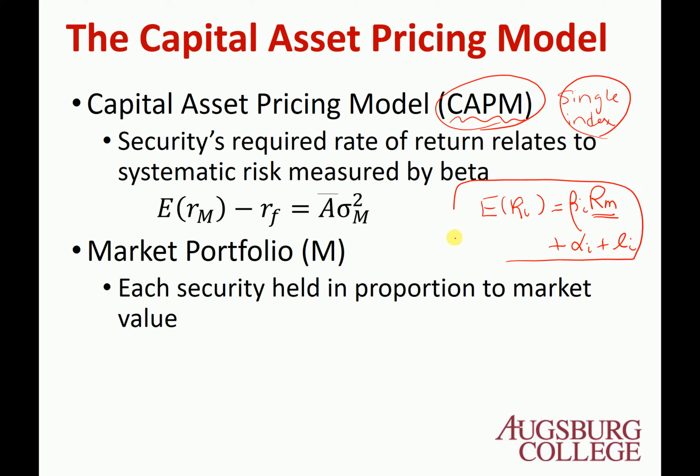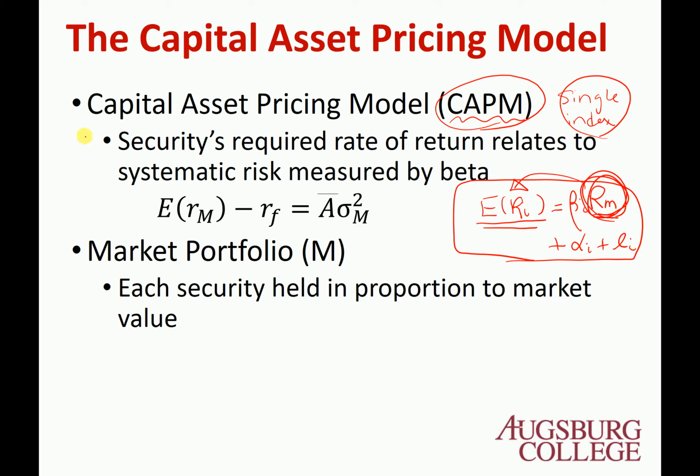So we start from this. These models show that there's a certain relation between the risk premium of the individual security and the risk premium of the market. The reason we call it a single factor model is that there's one factor, the market factor, to determine the expected return on an individual asset.